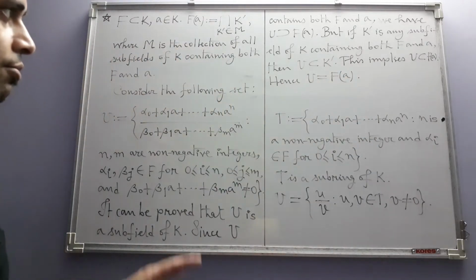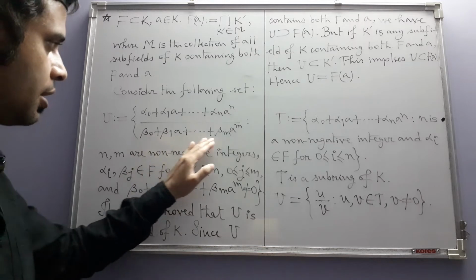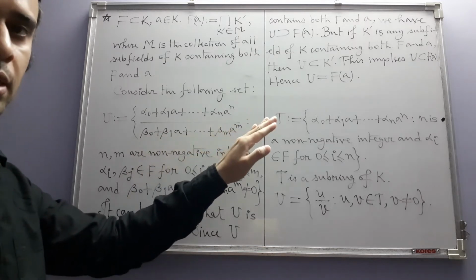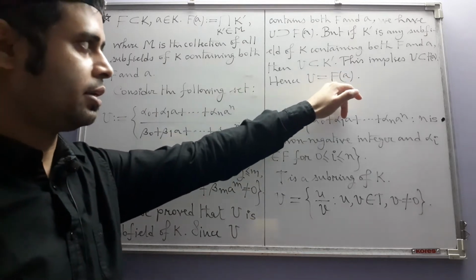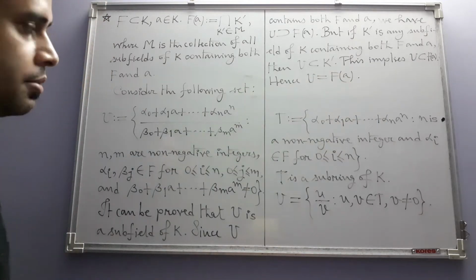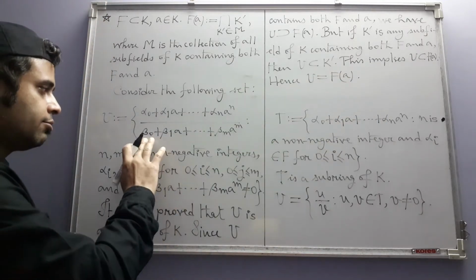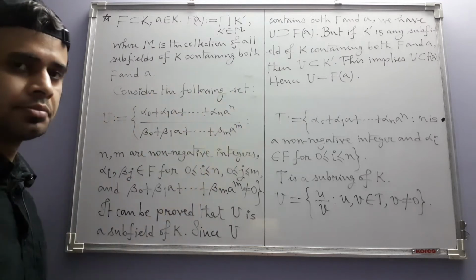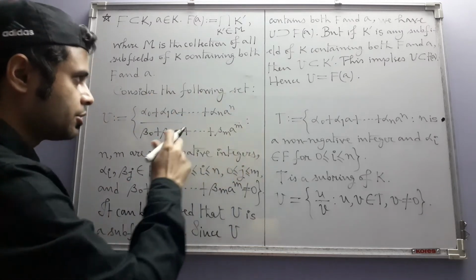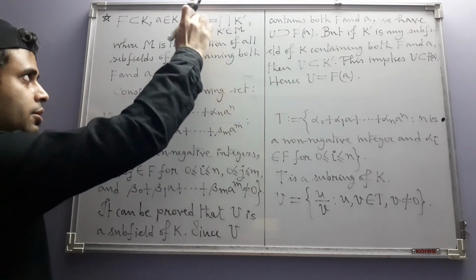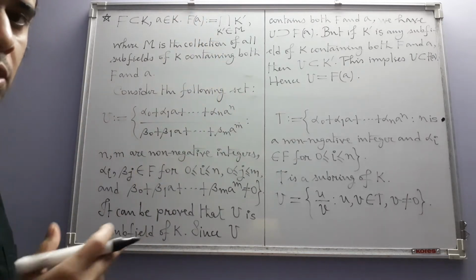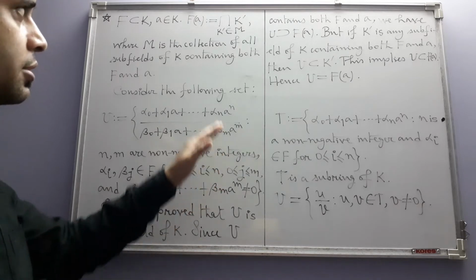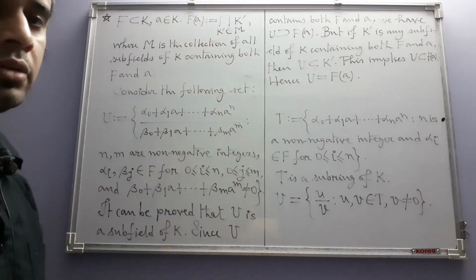This way we have found the general structure of elements in F(A) in terms of the field F and the element A. So elements in F(A) in general look like this. So this is an internal description of the field obtained by adjoining A to F, or in other words, the smallest subfield of K containing both F and A.